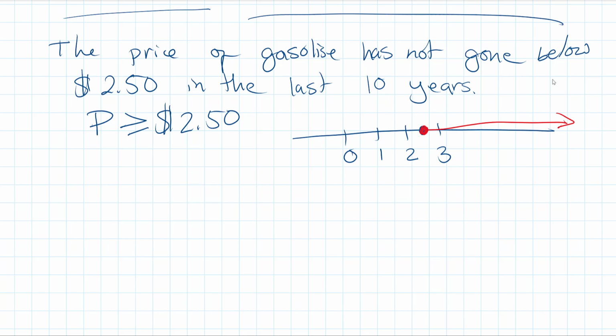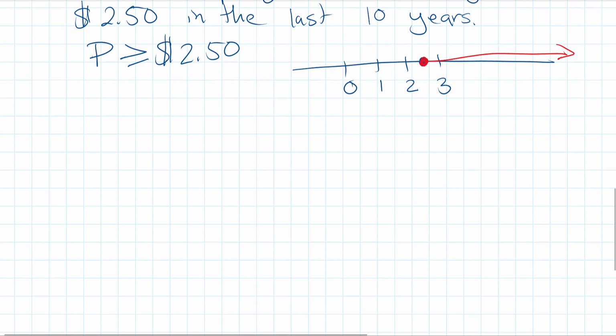What else can we say? Well, we can look at an example of something that is always smaller than something. Let's look at another temperature example.